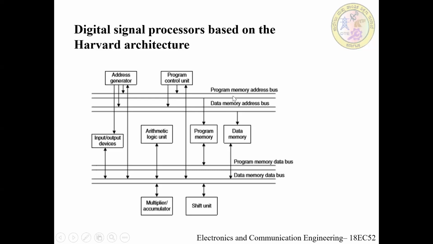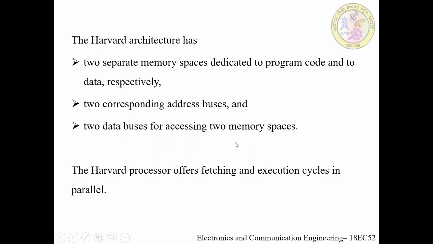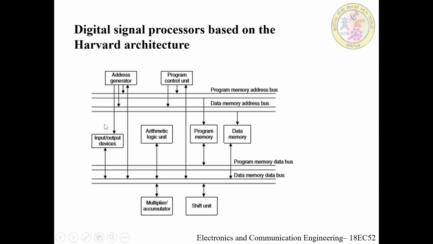Here is the program memory bus and the data memory bus. These two buses are separate. In this way, the program memory as well as data memory have their own connection to the program memory bus and data memory bus.